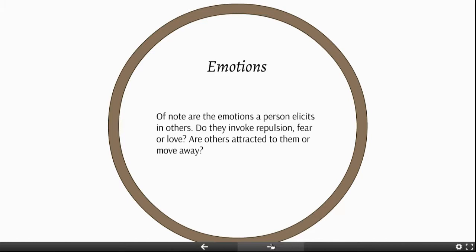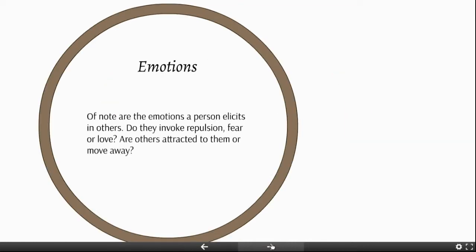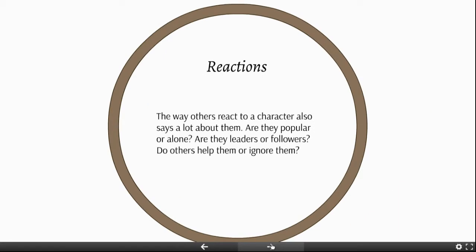Do they respond to them with love? Do they respond to them with repulsion? Are others attracted to them, or do they move away from them emotionally? How other people respond to somebody tells us a lot about that person. And how others react to the character also says, are they popular? Are they loners? Are they leaders? Are they followers? Do they help others or do they ignore others?